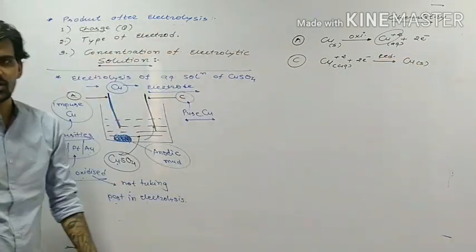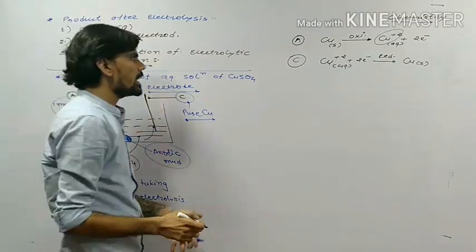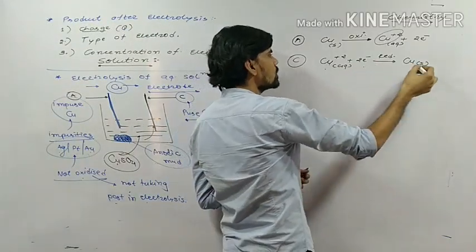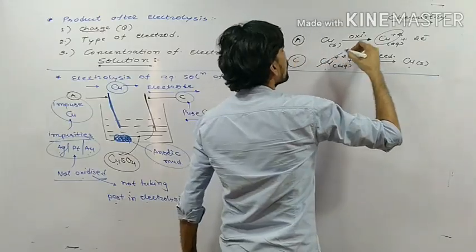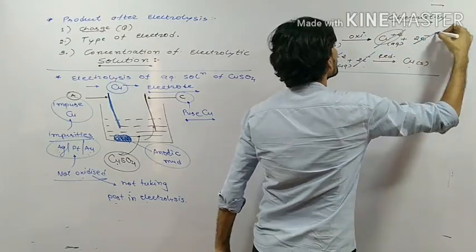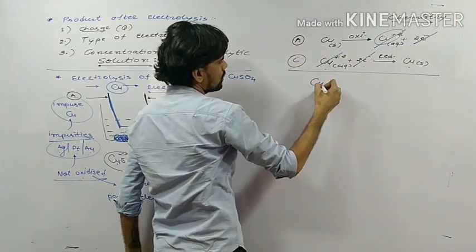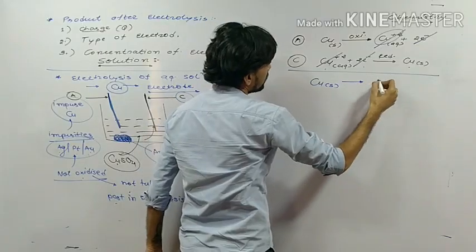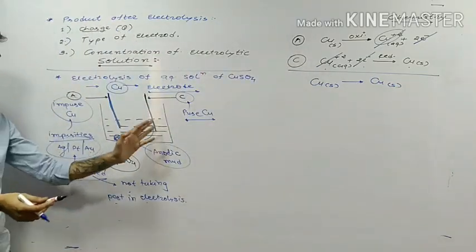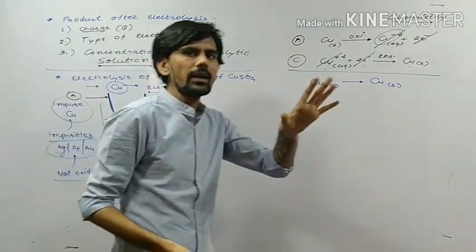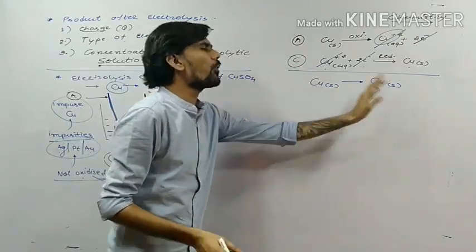It's a reduction reaction. Cu2+ plus 2 electron gives Cu solid. So after the whole process, after using electrical energy, we gain copper from copper.